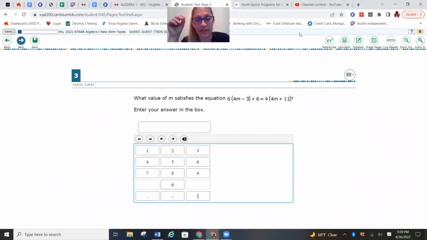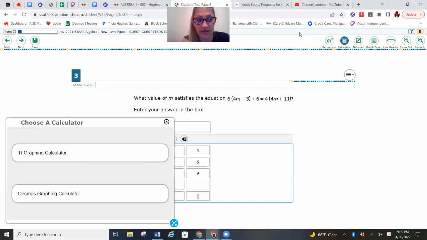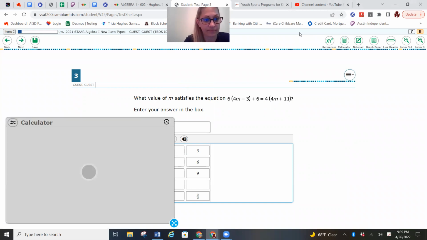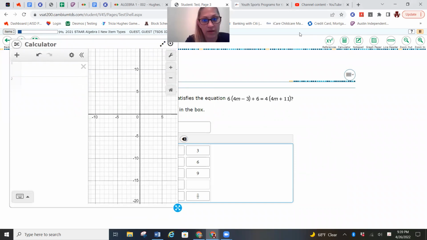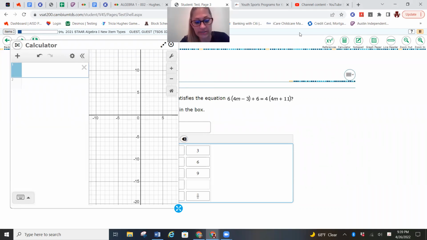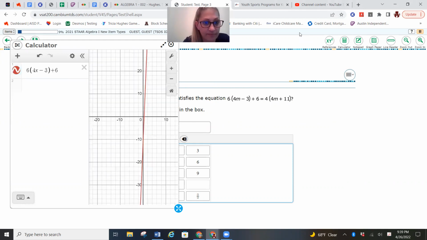This is solving an algebraic equation. The nice thing is I'm going to use Desmos. The first thing I'm going to do is type in the left side of this equation. I'm not going to use the letter M. I'm going to switch it to an X. There it is.